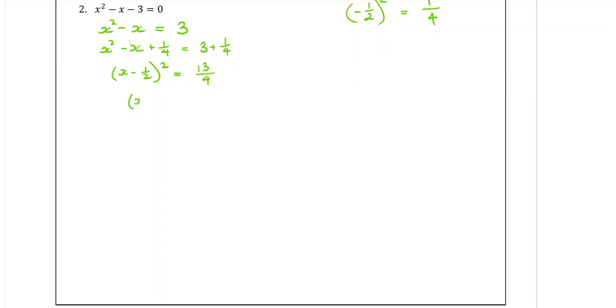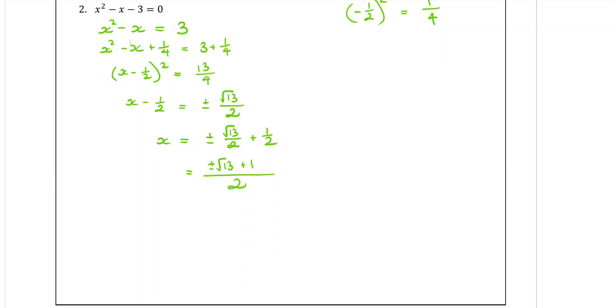I don't need the brackets anymore, and it would be x minus half equals, square rooting means I need a plus or minus, square root the 13, and square root of the 4 is 2. Last of all, I'm going to move the half across the other side, so I have plus or minus square root of 13 over 2 plus a half. Because I have a common denominator, that would be better written as plus or minus square root 13 plus 1 all over 2.